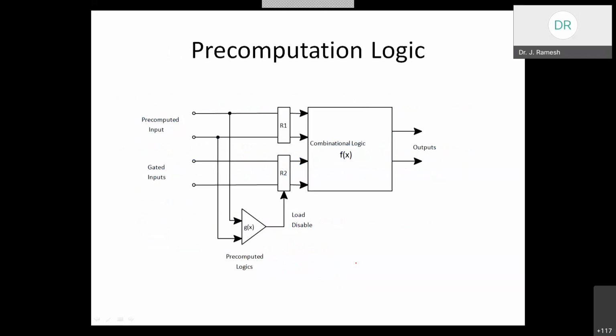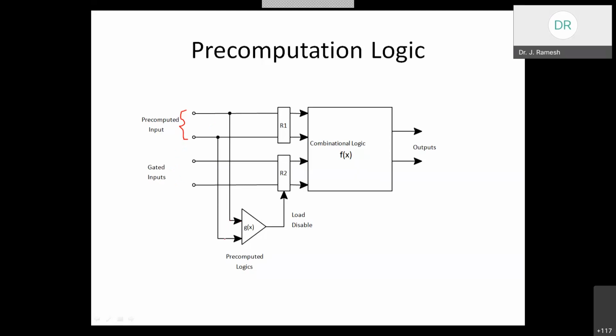Okay, so that is what is given here. You can now correlate the comparison of bits with this particular block diagram. Here you can consider that the pre-computed inputs are your MSB bits, and the remaining bits are gated inputs. So we can gate the remaining inputs by making a decision based on the pre-computed inputs.